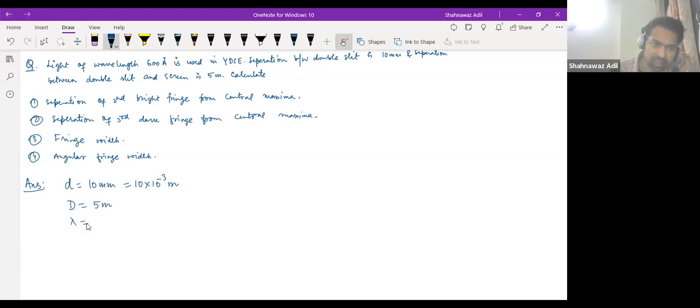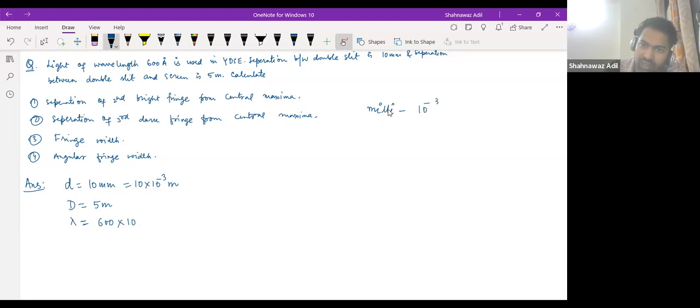So lambda is 600 angstrom. How much is 1 angstrom? Milli is 10 to the power minus 3, right?